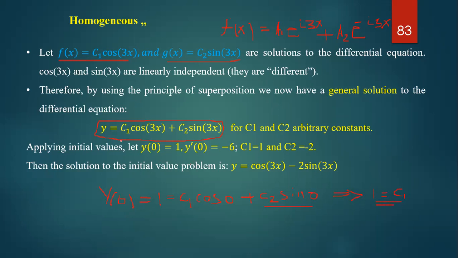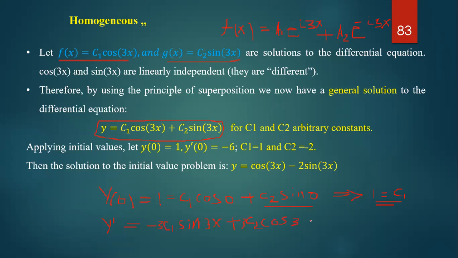Again, the y derivative of this one is 3 times y derivative, which equals minus cos is minus sine, so minus 3c1 sine 3x, plus the sine derivative is cos, so 3 times c2 cos 3x.